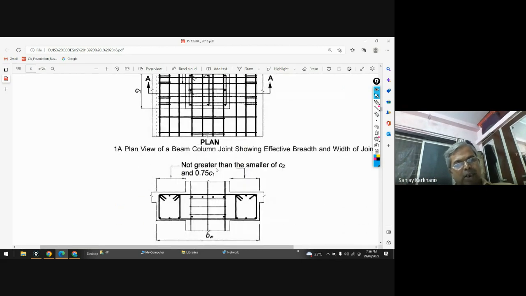And there will be voids, indicating the joint will get weaker. We'll come to why the joint should not be weaker: whenever lateral forces come into the picture and start vibrating the structure, if that joint is already weak, it will get cracked, and if the joints are cracked, your building will suffer a brittle failure, which we want to avoid. Clear?